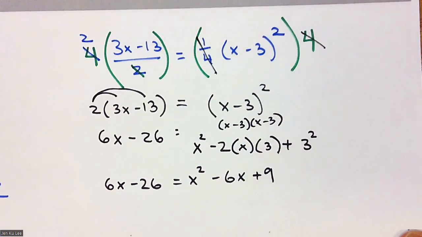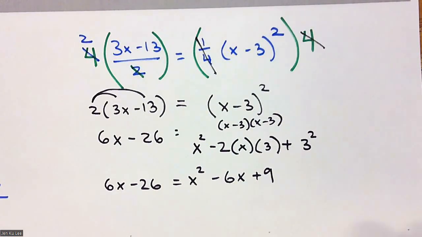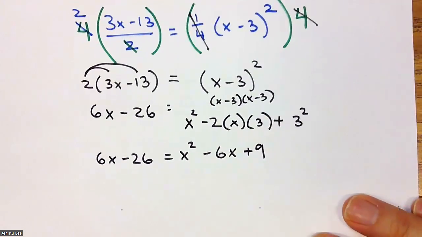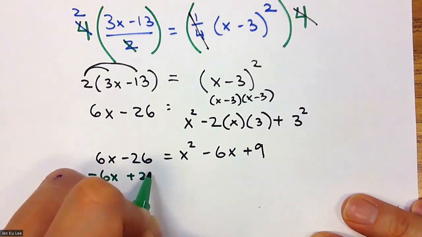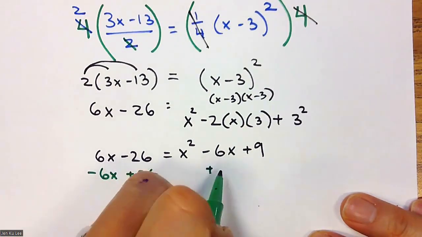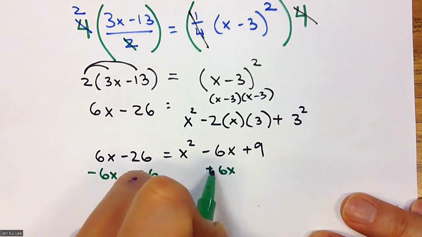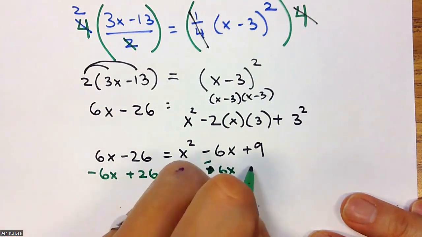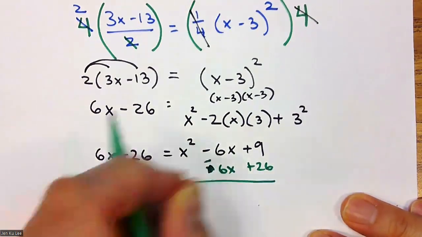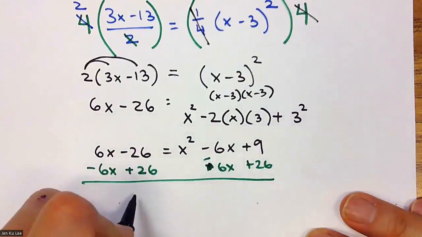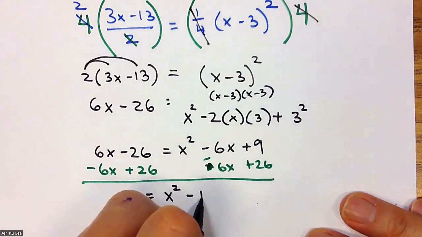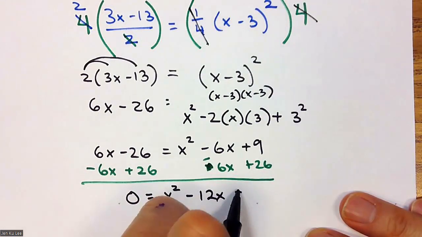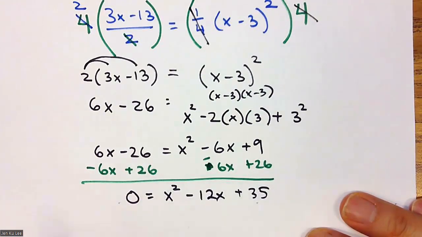And we solved this last module, right? And we got all the x values here. So my first step is to make one side equal to 0, so minus 6x and plus 26. So 0 equals x squared minus 12x plus 35.